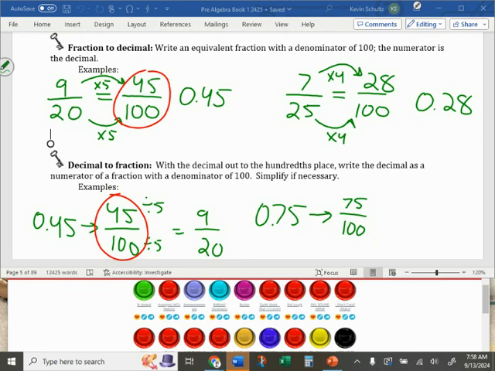What can you divide by? Could divide by 5. There's a bigger number though. Madison? Wait, the 5 is too small, right? Yeah, it would work, but you'd have to divide by something else afterward. There's a larger number that goes in both 75 and 100.